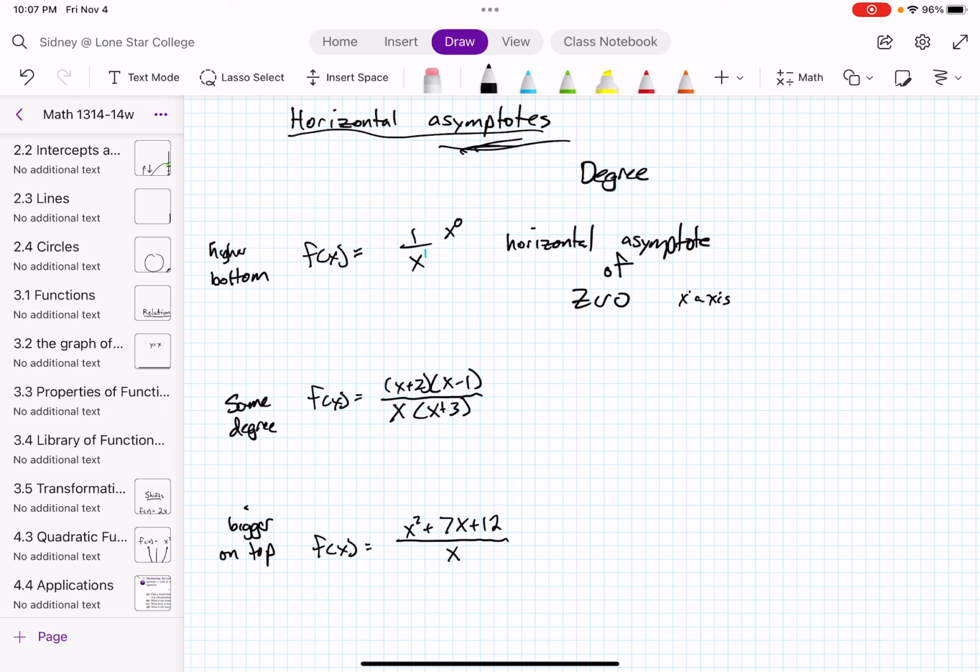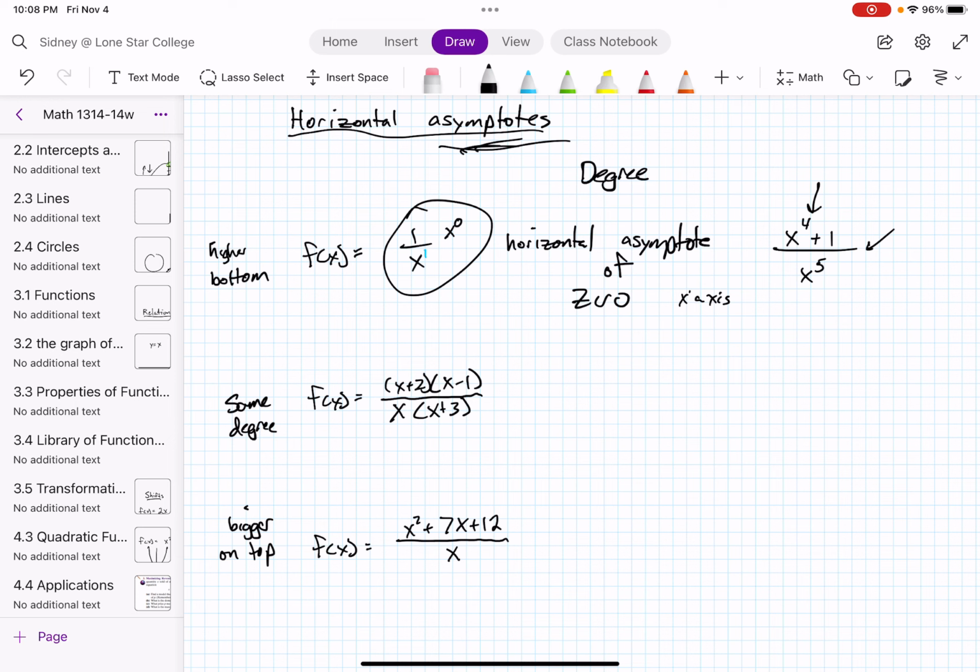Now please do note that even if you had something like x to the 4th power plus 1 over x to the 5th power, so the higher degree is on the bottom, even though this has a pretty big degree right here, x to the 4th, because it's bigger on the bottom, as these get larger and larger, it still will go to 0, although not quite as quickly as it would with 1 over x.